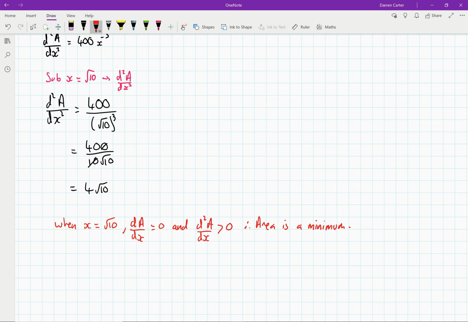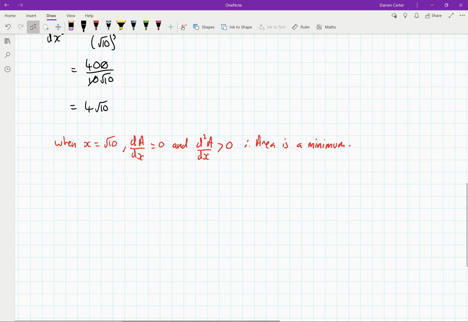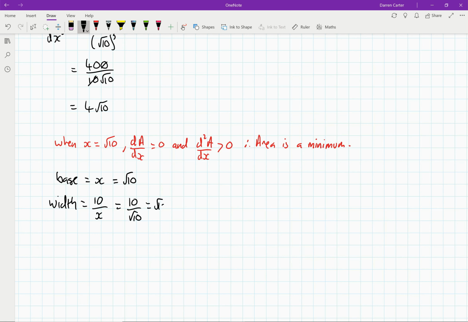So I now have the x value where the minimum occurs. My base was equal to x, which is root 10. My width was equal to 10 over x, 10 over root 10, which is root 10. Therefore, to finish, base equals width at minimum area.